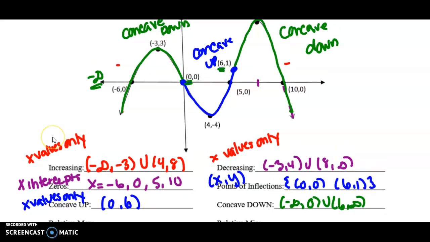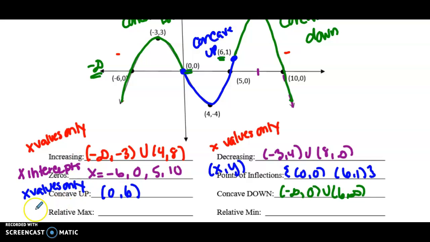All right, now let's take a look at the next two, relative min and relative max. Those are going to be your y values only, and the reason is if you think about it, we're seeing how high and how low the graph goes. Absolute max is how high it goes anywhere, and absolute min is the lowest it can go.